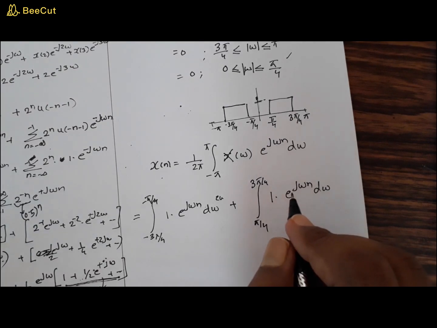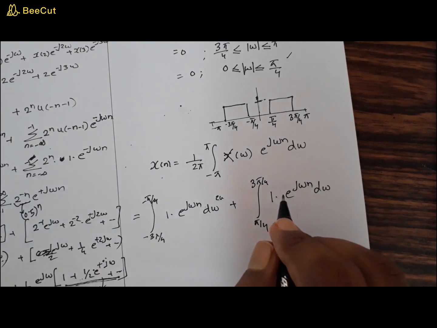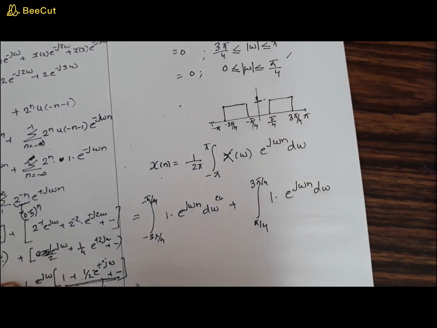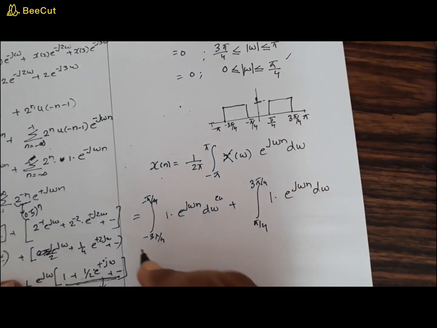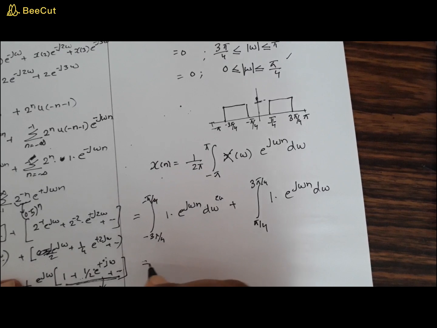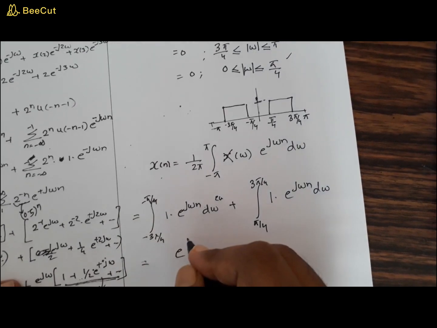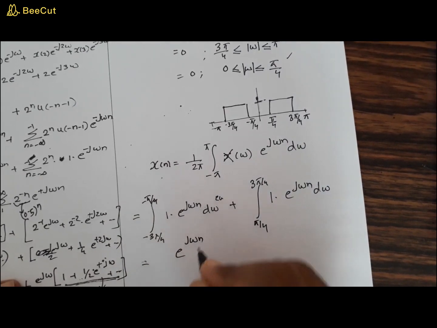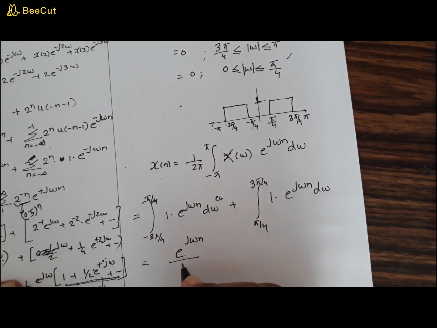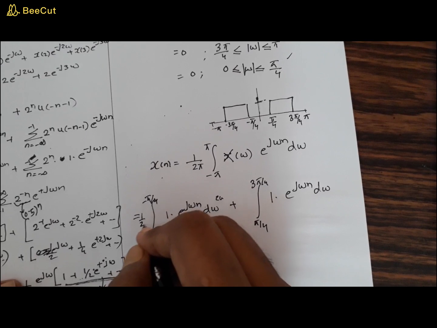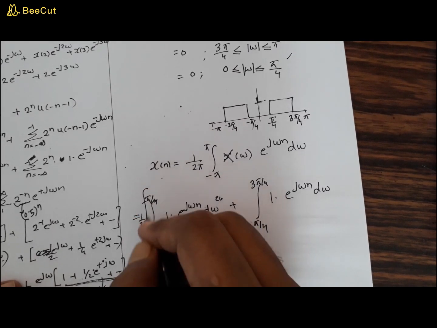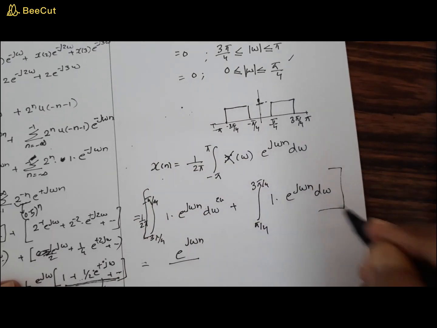Now how will you write that? You can just integrate this. Integrating, you will get e raised to j omega n divided by j n. Don't forget to put the 1 by 2 pi, which is common to all of this.